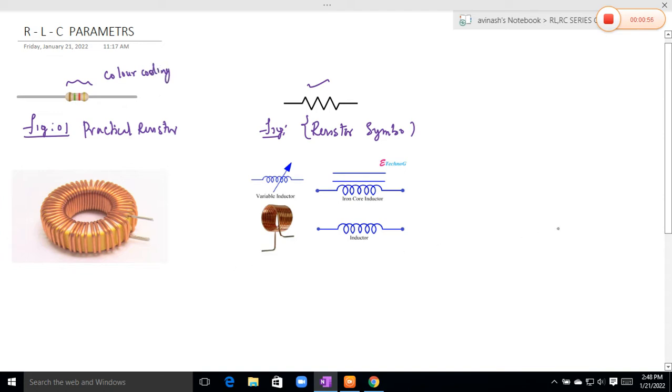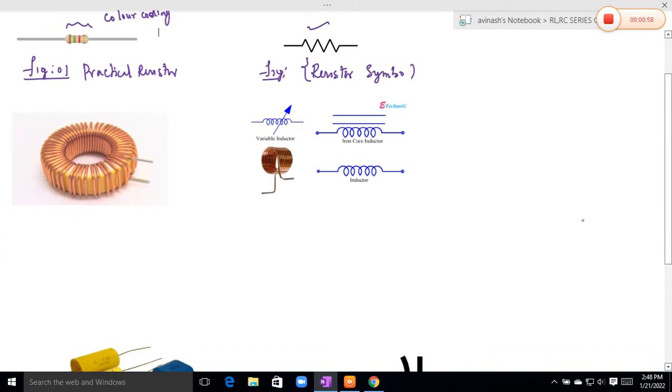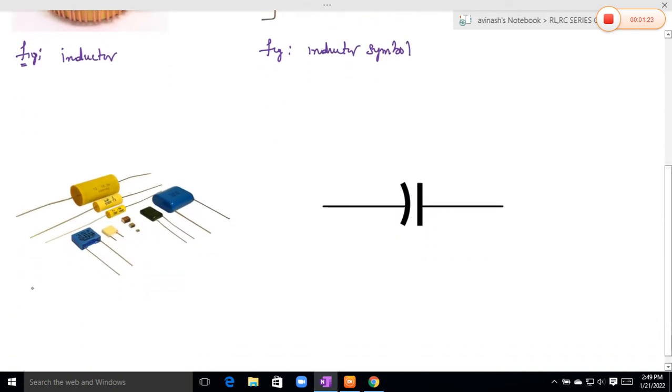In the same way, you can see in the next diagrams, this is the practical inductor. These are the inductance or inductor symbols. In the same way, this figure shows the practical capacitors.